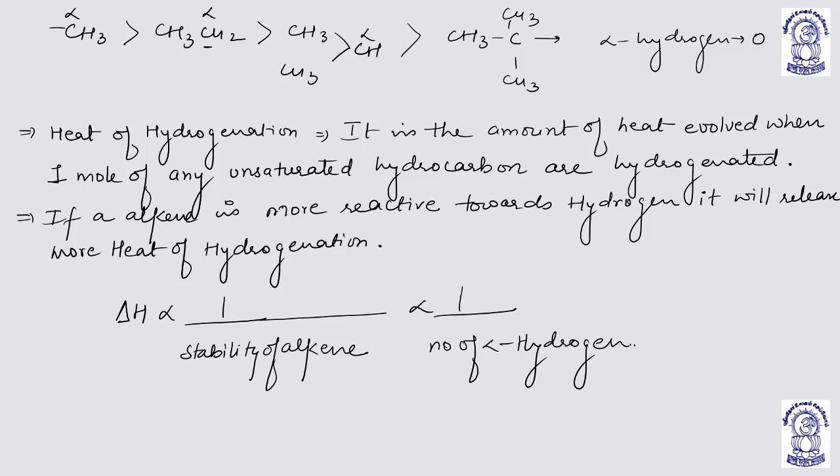Heat of hydrogenation is directly proportional to the number of pi bonds. It is an exothermic process.